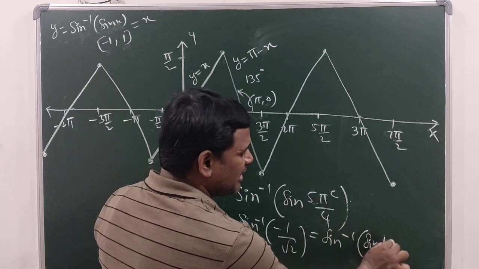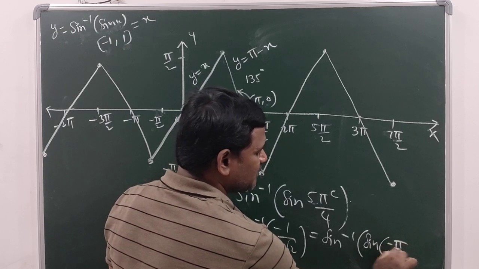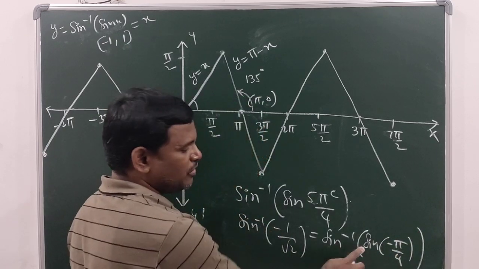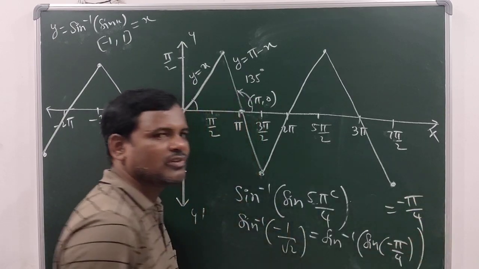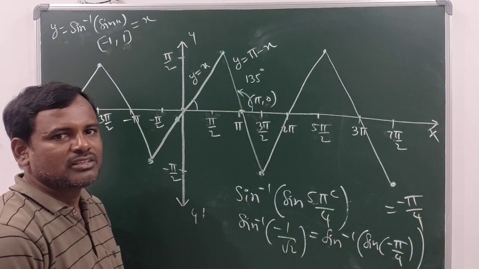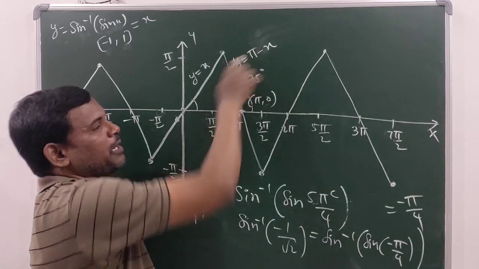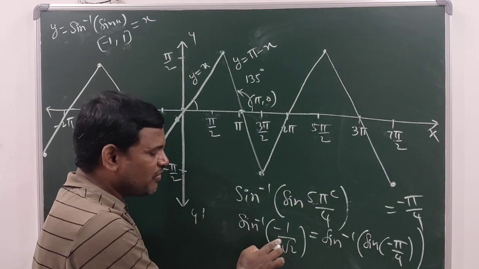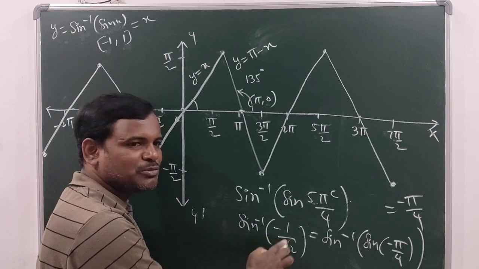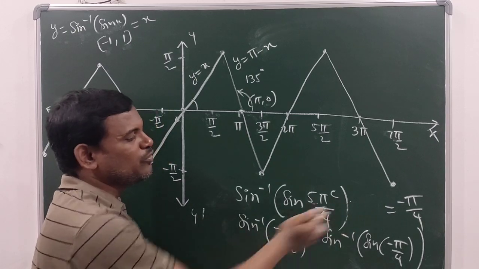It means sine minus 45 degrees. Sine inverse of sine minus 45 equal to minus 45. Okay. So you can use this y equal to pi minus x formula, otherwise directly simplify this, and after getting this result it has to be expressed in terms of sine, and go for simplification.